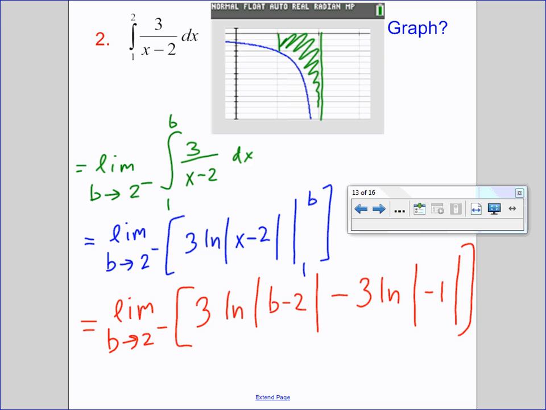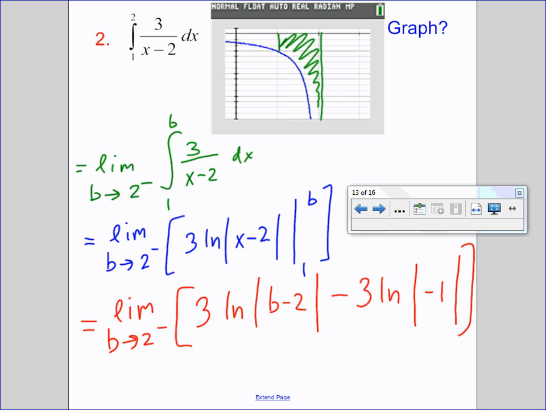Let's focus in here. As b goes to 2 from the left, that's values like 1.99. Minus 2 is approaching 0, but is what sign? Negative, and that's okay, because the absolute value of a negative is positive. But what's it approaching? 0, right?